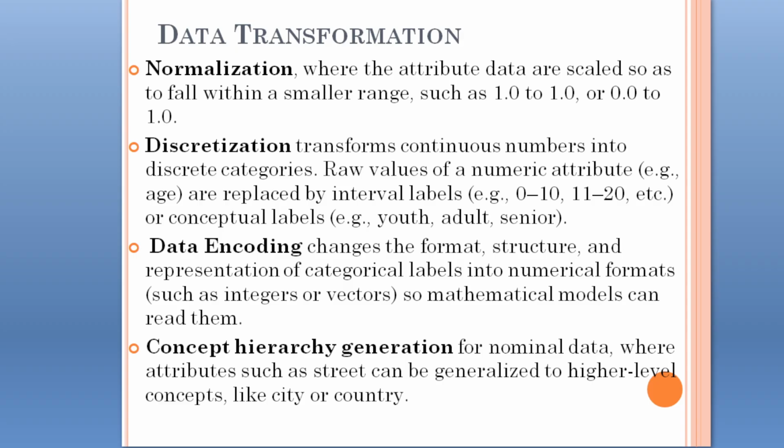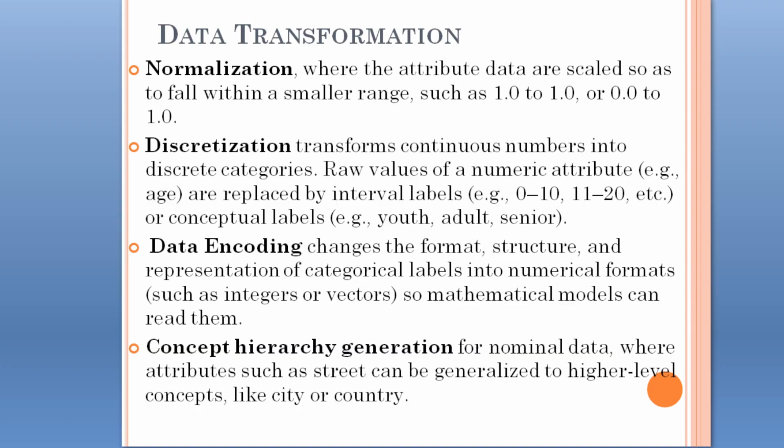Now, in normalization, the attribute data are scaled so as to fall within a smaller range, such as minus 1.0 to 1.0 or 0.0 to 1.0. Next is discretization, which transforms continuous numbers into discrete categories.